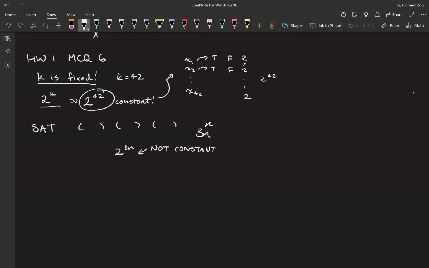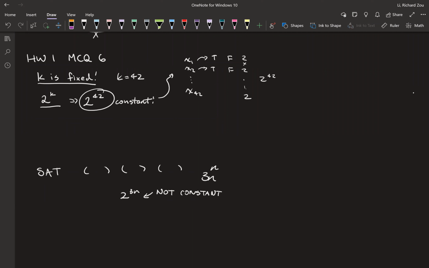So how do you know it's a polynomial time algorithm here? Right. Because all we have to do, suppose we're given some assignment, right? Let me move this down so this doesn't interfere. Suppose we're given that x1 is equal to true, x2 is equal to true, x3 is false, and so on. We can take this and we have some clause like x1 or x2 or not x3, and all we have to do is take these values and plug them in and see, is it satisfied?